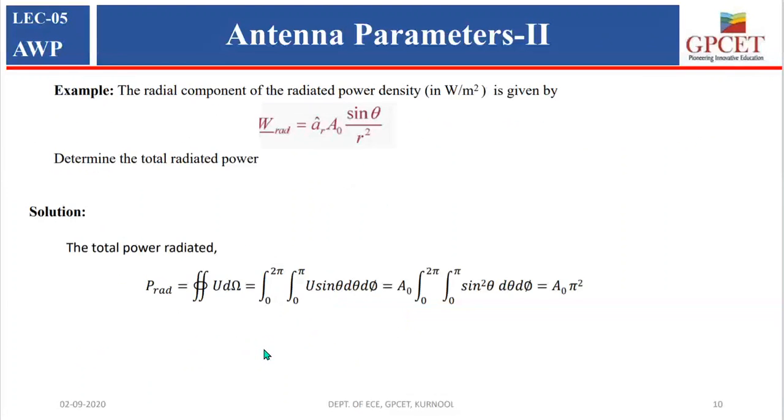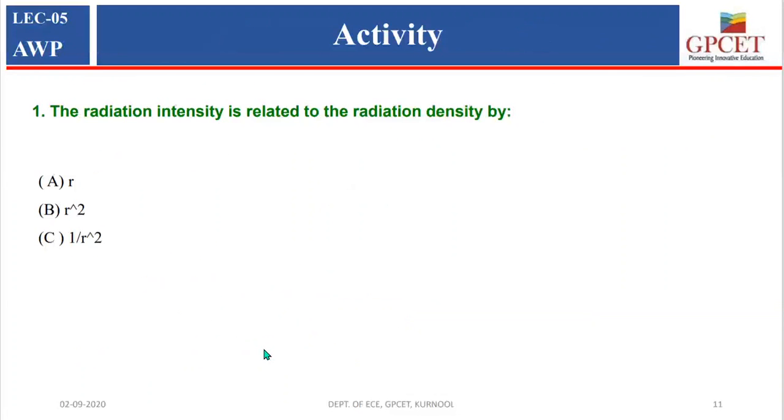Okay, let us take a question activity and post your answers in the chat box. Radiation intensity is related to radiation density by dash. Just now I discussed the radiation intensity. Radiation intensity U is related to radiation power density, W suffix RAD.